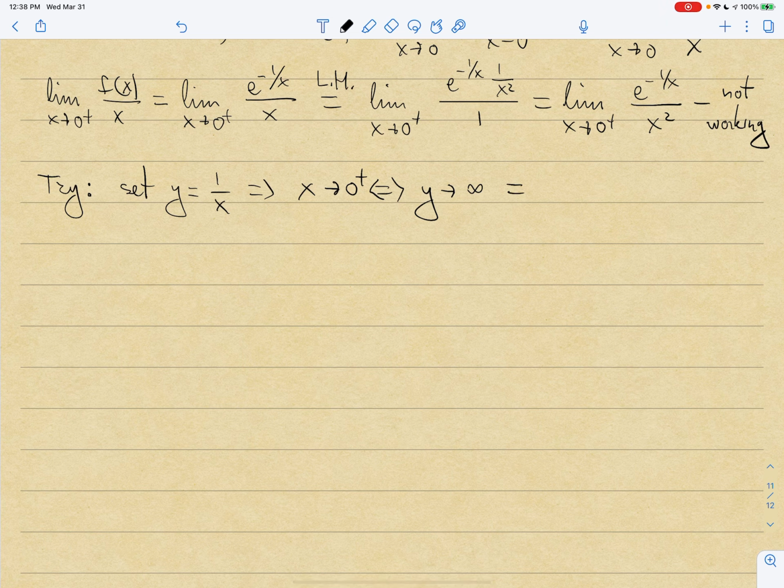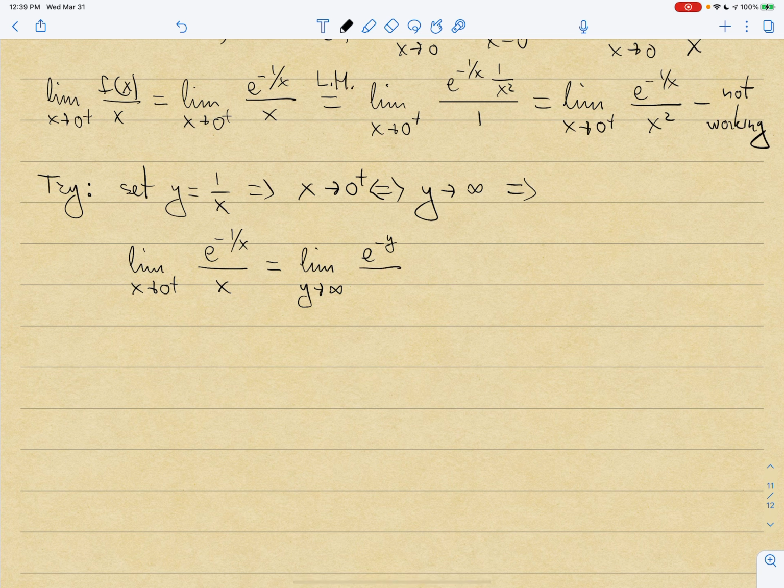And therefore, I can write my limit. So limit x goes to 0 plus e to the minus 1 over x, I can write as a limit y goes to infinity of e to the power minus y.